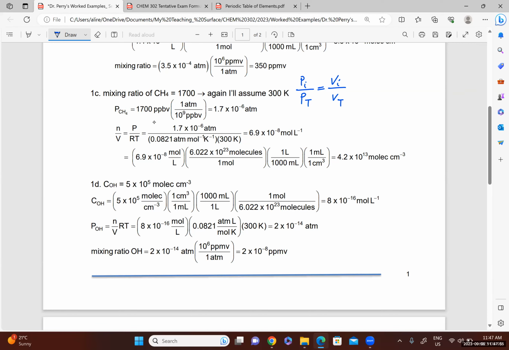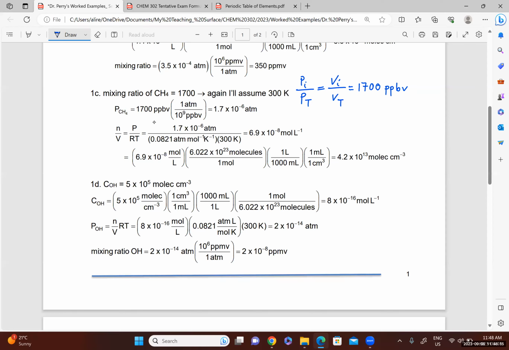All right, so we've got this value, which is the volume i over volume t, which is 1700 ppbv, which means that it is volume over volume. Okay, but parts per billion, what does that mean?